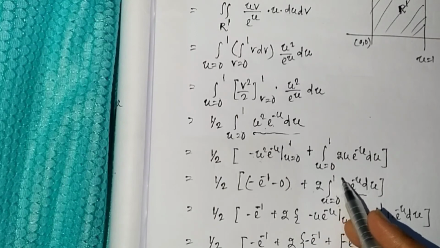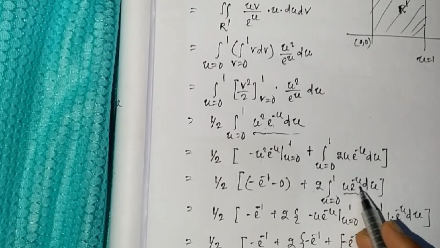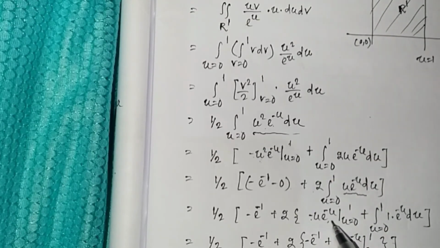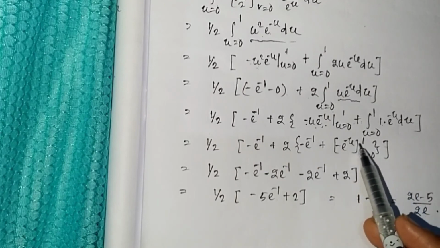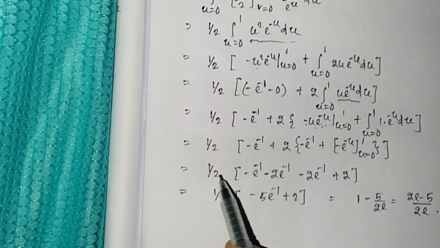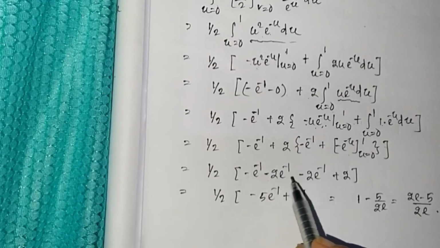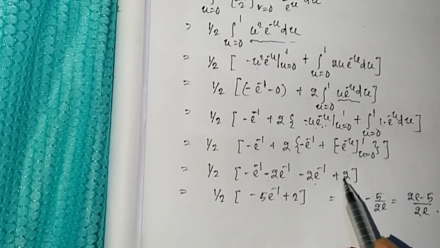First we integrate this part, that is minus e to the power minus u into u, plus the derivative of u is 1, integration of e to the power minus u is minus e to the power minus u, so that is plus integration of e to the power minus u du. Then for putting upper limit and lower limit, we get half into minus e inverse minus 2e inverse minus 2e inverse plus 2.